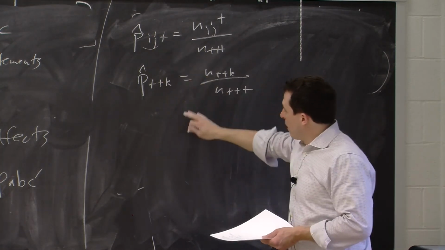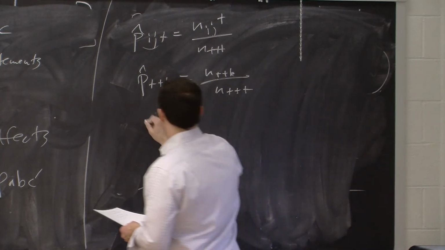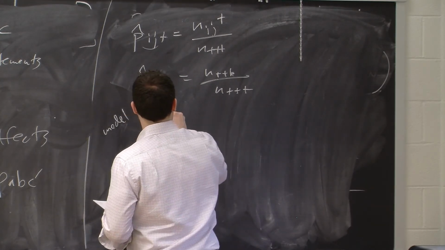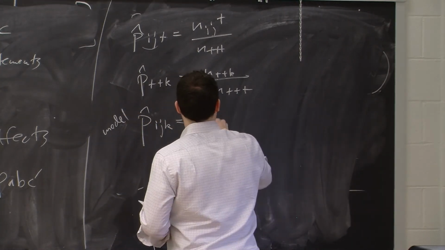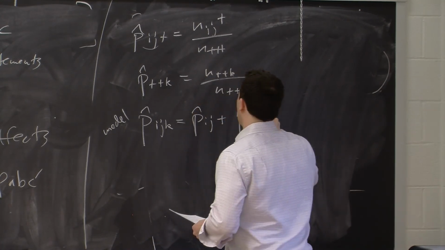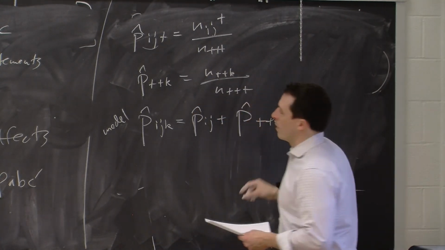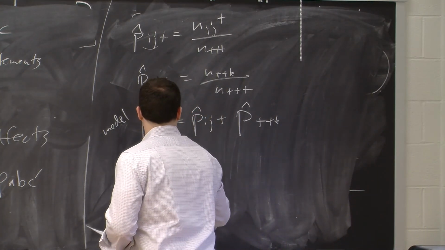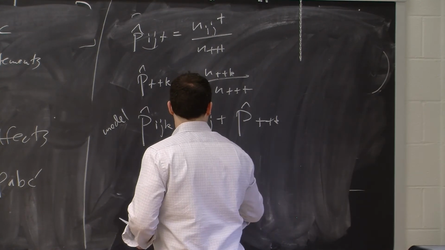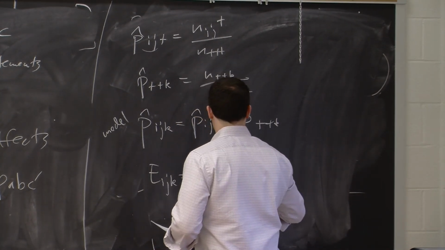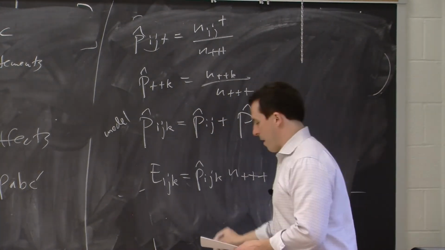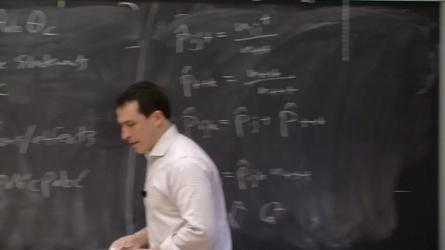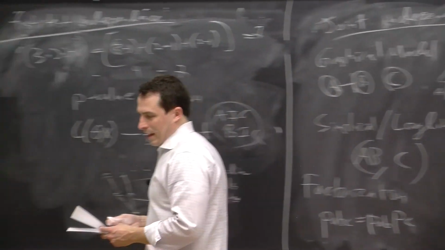So we only care about ij together and k, and then our model estimate for the joint is just p hat ij+ times p hat ++k. And then we multiply to get the expected counts, p hat ijk times n+++, and from that compute the Pearson and G-squared statistic. So this is just a two-way independence test on a larger table.